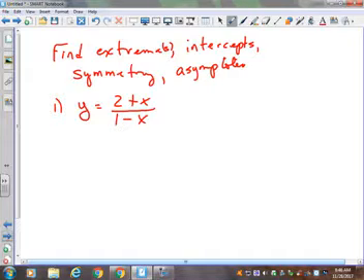And if you set the bottom equal to 0, you would get vertical asymptotes. But that has to be on the derivative, right? Everybody agree with that? All right.